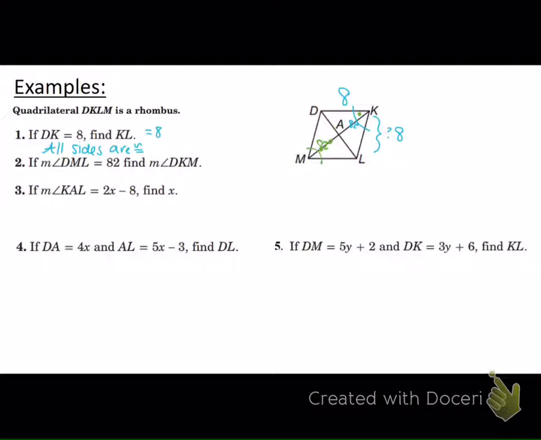The diagonals bisect the angles, so each of these little pieces is congruent. You know you're a math teacher when you can divide 82 by 2. Diagonals bisect the angle. Also, opposite angles are congruent. So that would be 41 degrees.